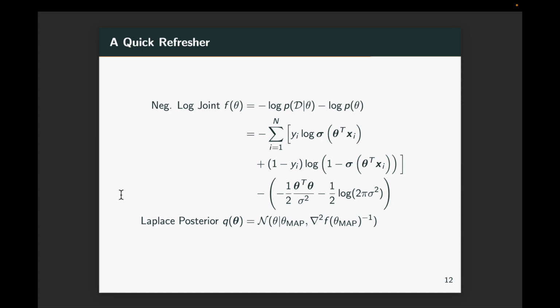We can compute the mode, which should now be the MAP, theta MAP. We just optimize this f of theta function to get theta MAP, and then we say our Laplace posterior is some distribution q of theta, which is normal in theta with the mean, or mode, to be theta MAP, and the covariance to be the inverse Hessian of the function f evaluated at theta MAP. Right? So this we discussed in the previous class.